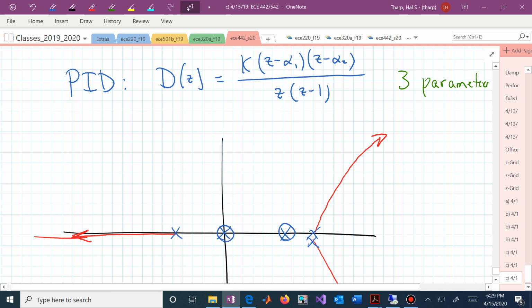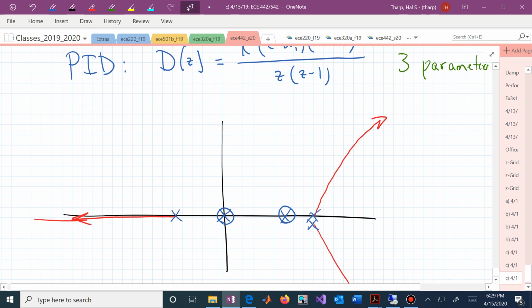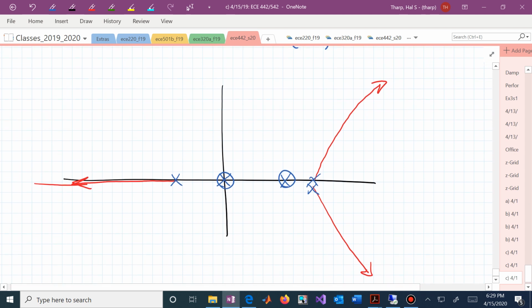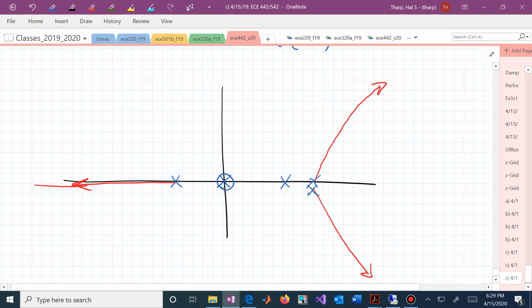Our system then, if we controlled it with a PID controller, we could do something like the following. Now we have to start asking many different questions as to how we might control that system and what that control might look like.